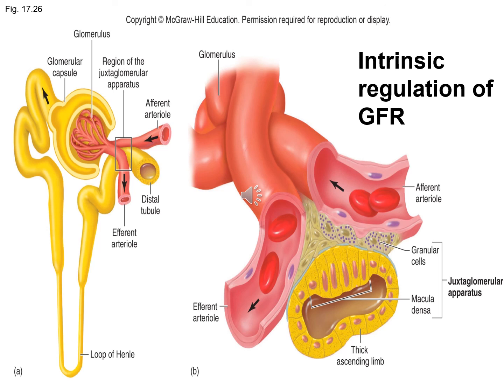One is called the macula densa, special cells at the end of the ascending limb in the nephrons, in the cortex area. They basically have stretch receptors. The other component is the granular cells, the ones that produce renin.